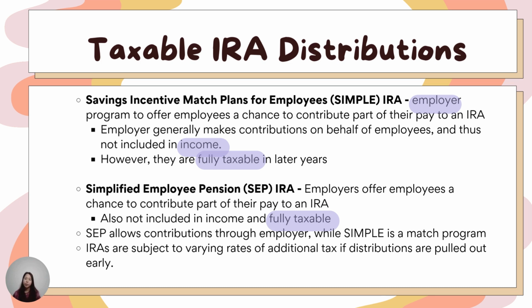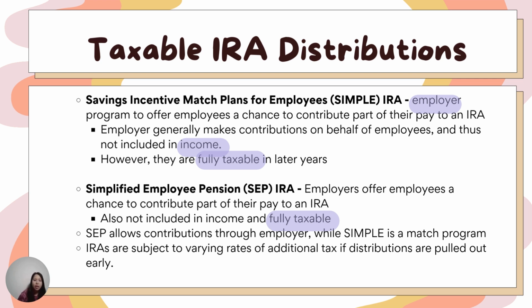So the employee would say, I would like to withhold some money for the SIMPLE IRA, and the employer would withhold that money, not give it to them in their income, and put it in the IRA. But this also means that it's fully taxable because it's not part of their net income, it's part of their gross, meaning they never touch the money. It all goes through their employer, meaning that they will eventually have to pay tax on the distributions in later years.